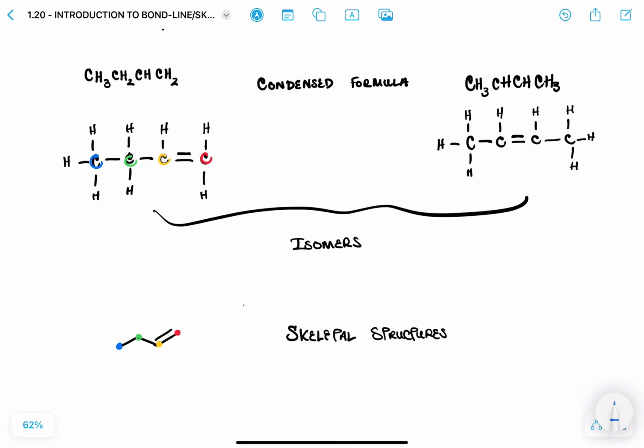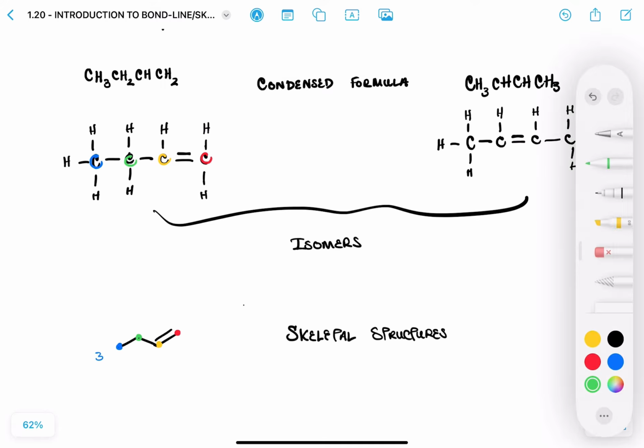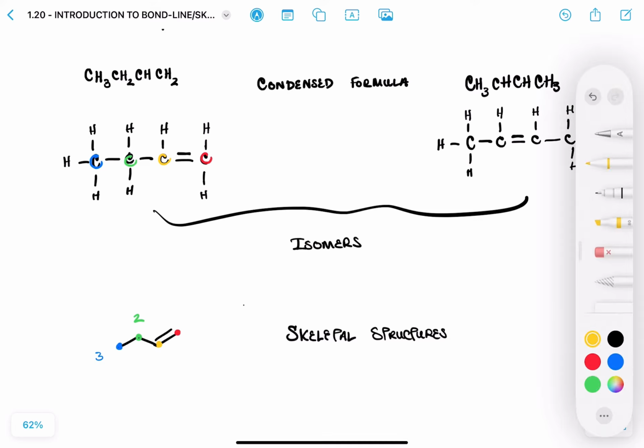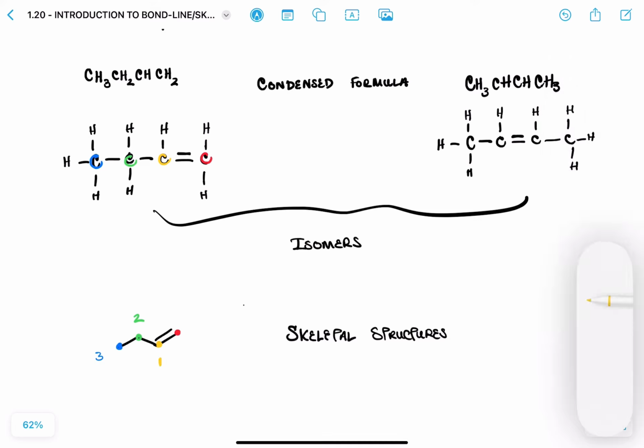Now we see how we have 3 implied hydrogens there, 2 implied hydrogens there, 1 implied hydrogen there, and then 2 implied hydrogens there. Right, and again, we can work back through that and say, okay, well, we need 4 bonds around each carbon. There's only 1 bond drawn on this carbon right here to the green carbon.